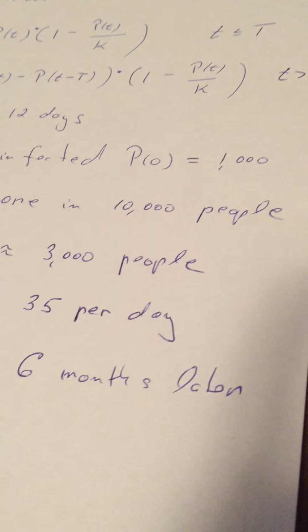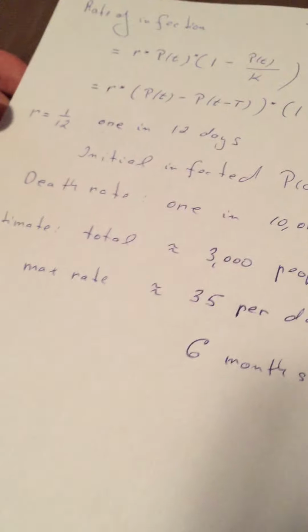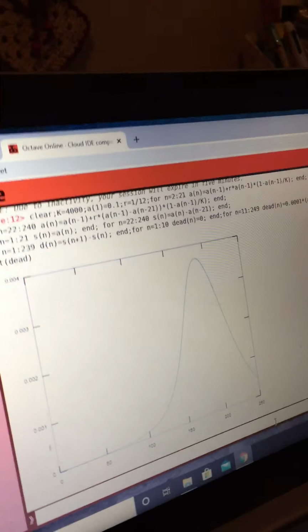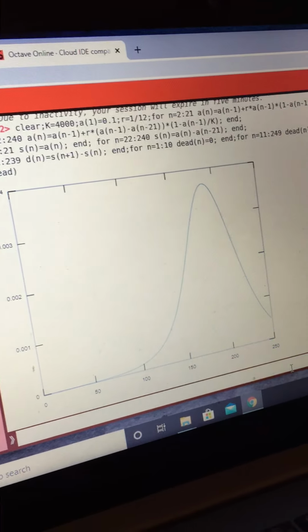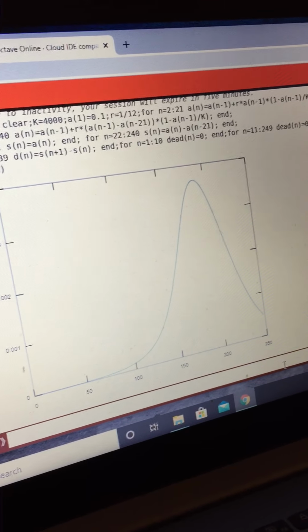So if I can ask the camera person now to move to a computer, and we'll take a look at the model. This is quick. If you could kindly focus on this graph so folks can see it. This is the graph of the expectations of people that are unfortunately going to die from the disease.